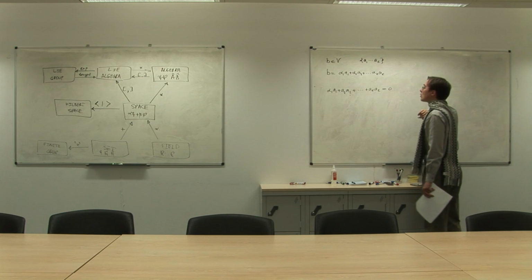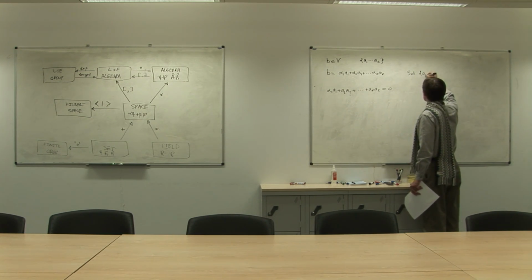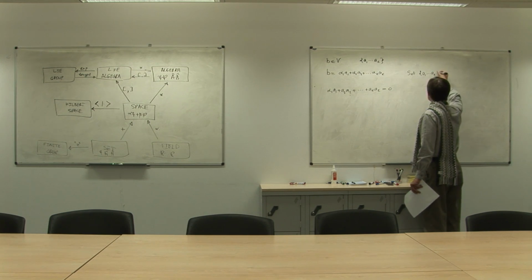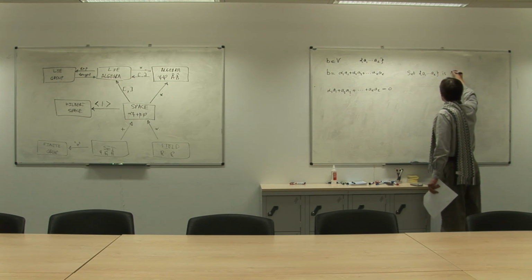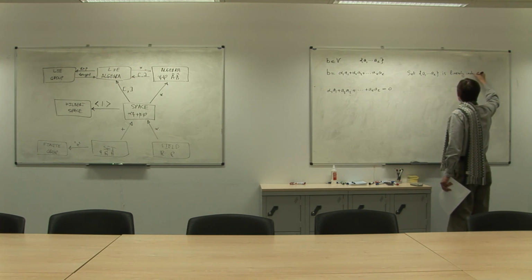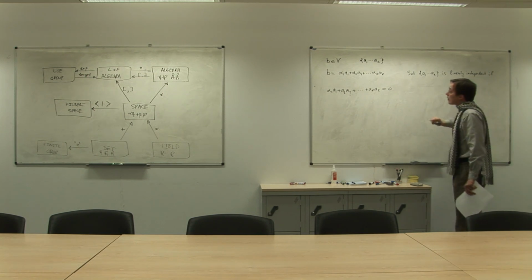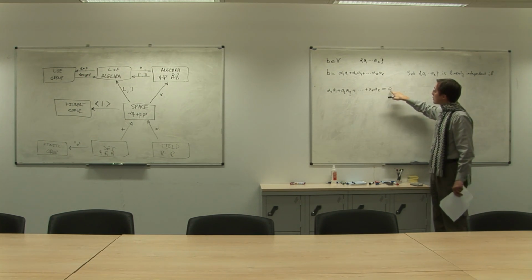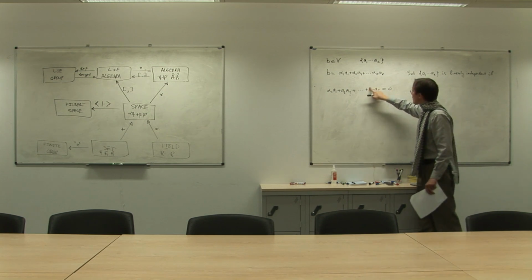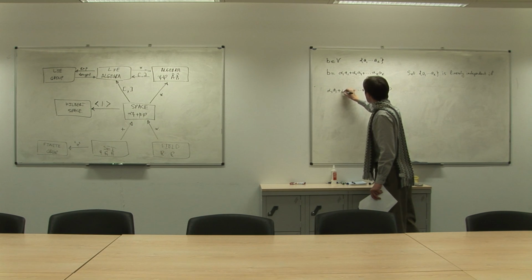So the definition goes that a set of A's, A1 all the way to AK, is linearly independent if the only way to produce a 0 is to set all coefficients, these should be alphas, of course, to 0.